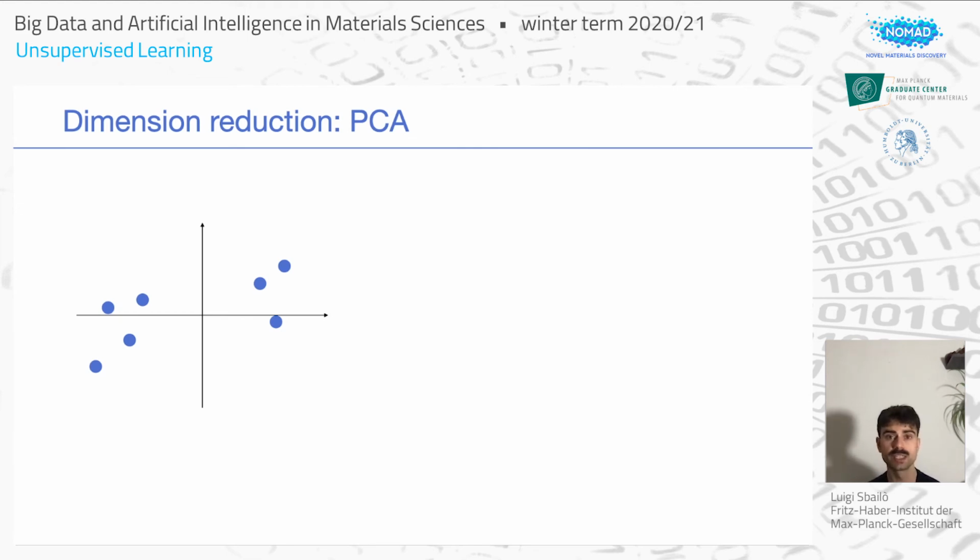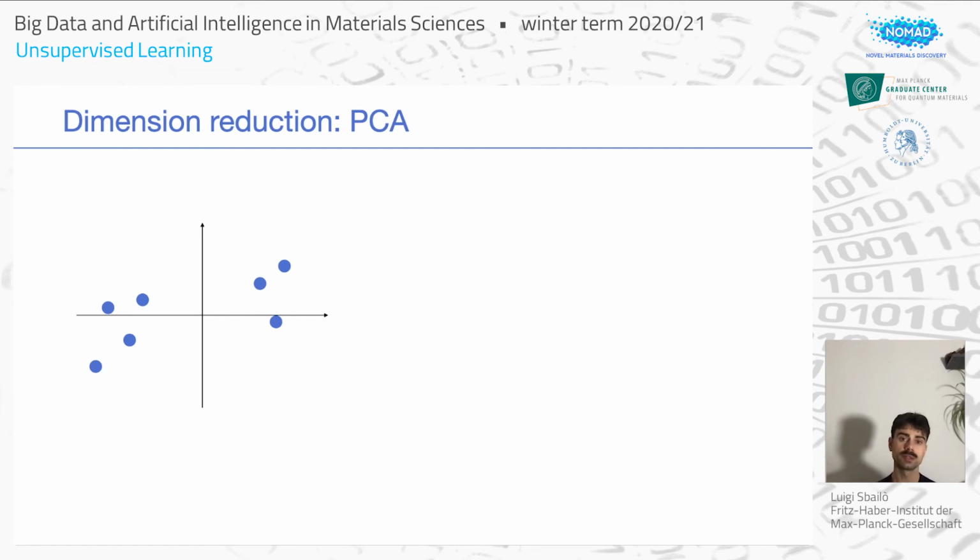One is PCA, Principal Component Analysis, which is a very well-known and widely used algorithm. And again, we are going to see how it would work on an artificial dataset that you can see now on the screen. We have these 7 particles in a two-dimensional space.